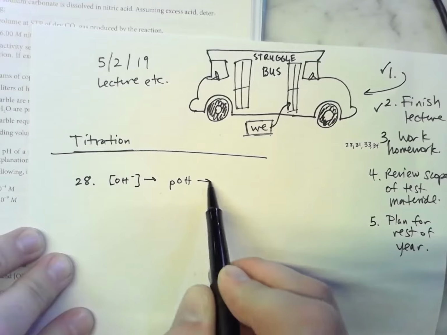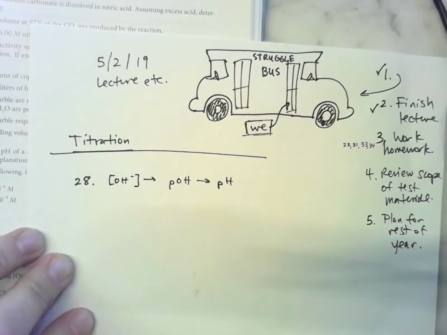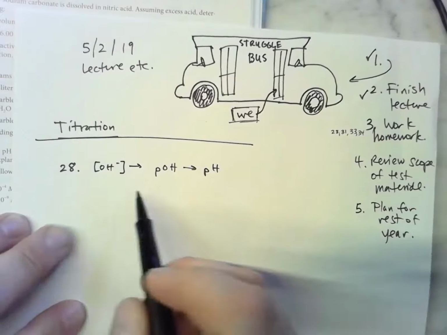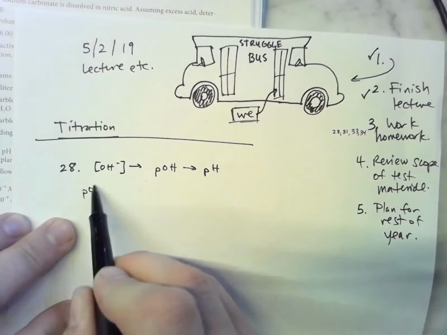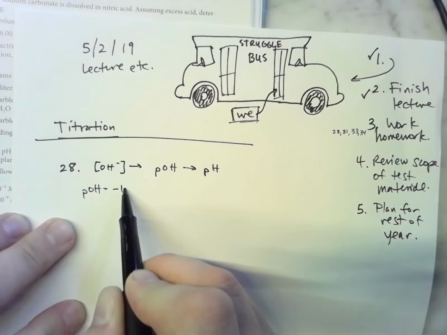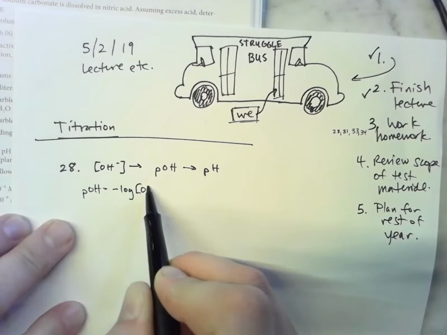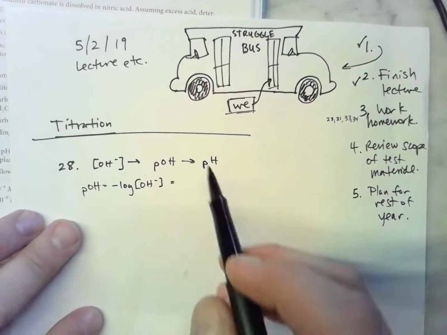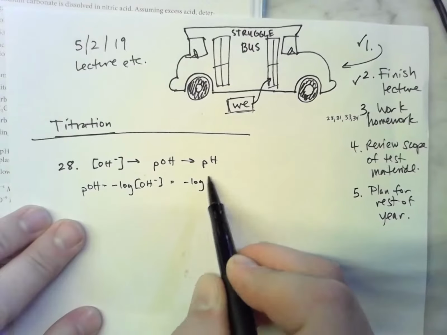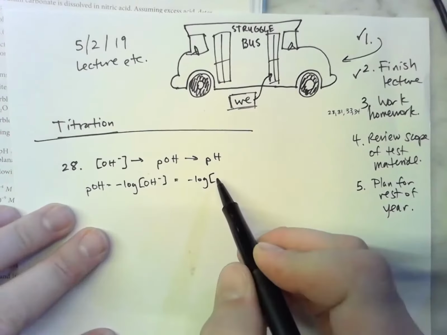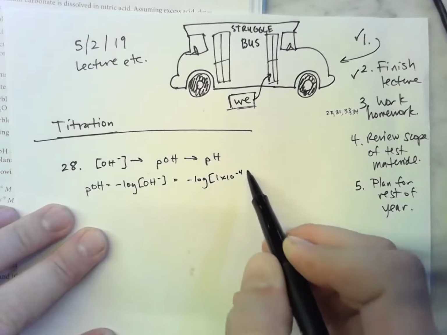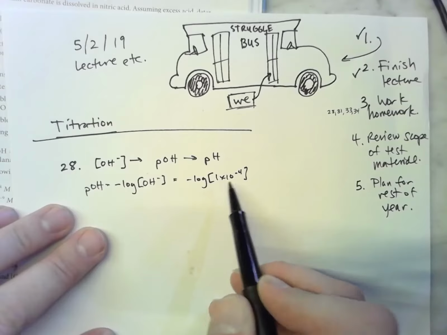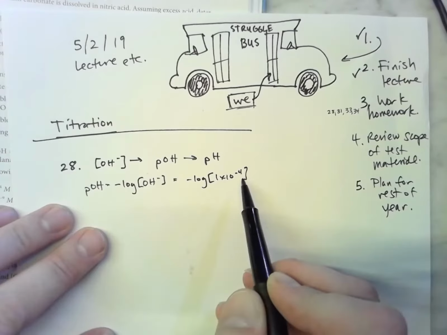To get from here to here, we have to remember that pOH is equal to the negative log of OH minus, and that is equal to negative log of 1 times 10 to the negative fourth. If I drop the 1 during the problems, know that it's assumed and doesn't change the value, so I could have written just 10 to the negative fourth.